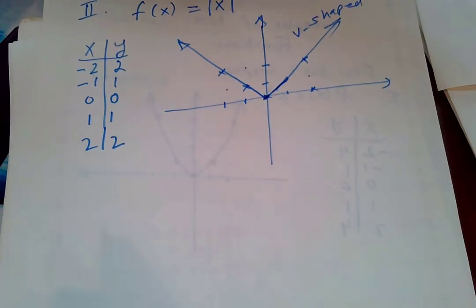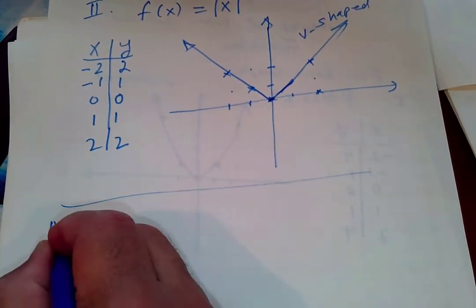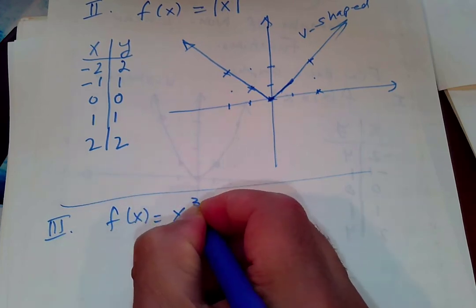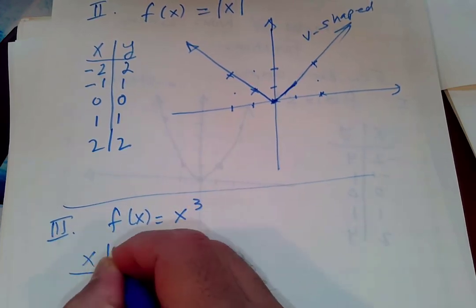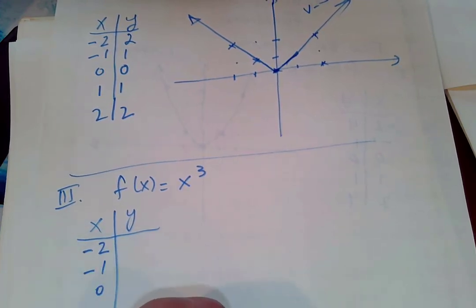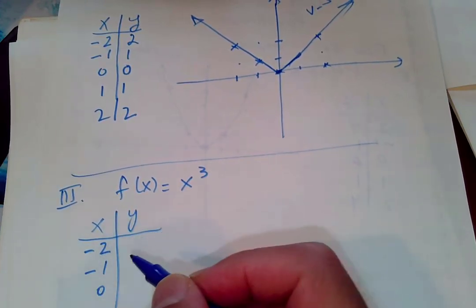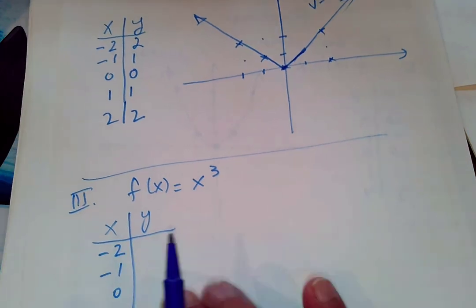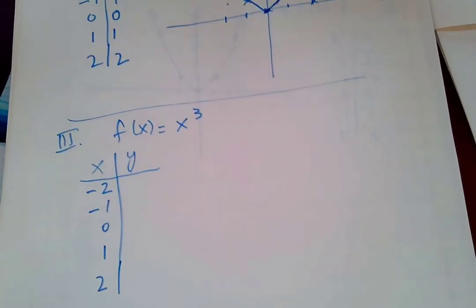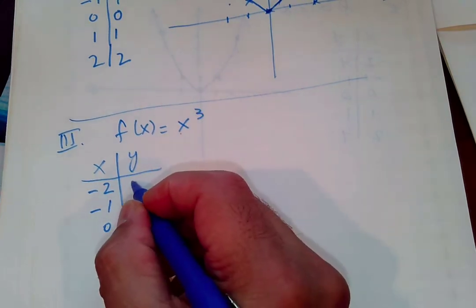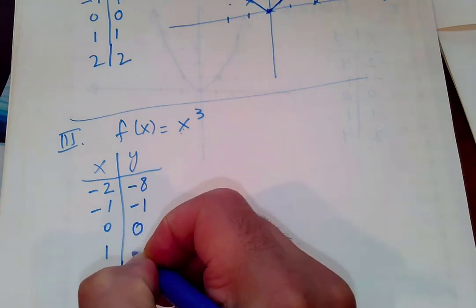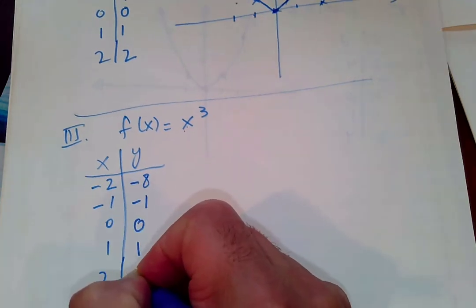And then the third graph that we should know by heart is the cubic function, f of x equals x cubed. This doesn't really have a specific shape. I call it the increasing shape. So if we plug in -2, we get -2 cubed, which is -8, -1 cubed, and then 0 cubed, 1 cubed, and then 2 cubed is 8.